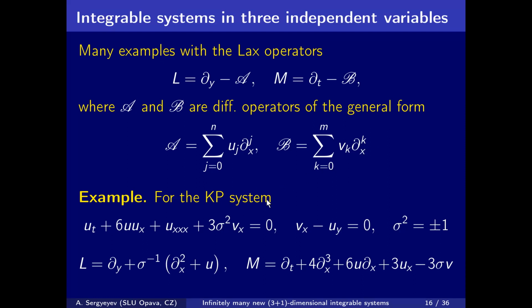Okay, the best known and I guess one of the most important examples here is the AKP system. Okay, so sigma is just a number which satisfies this. Okay, and the operators L and M are of this form. If we eliminate V from here, we would get the well-known KP equation. Okay, so and there is quite a number of examples of this general type.